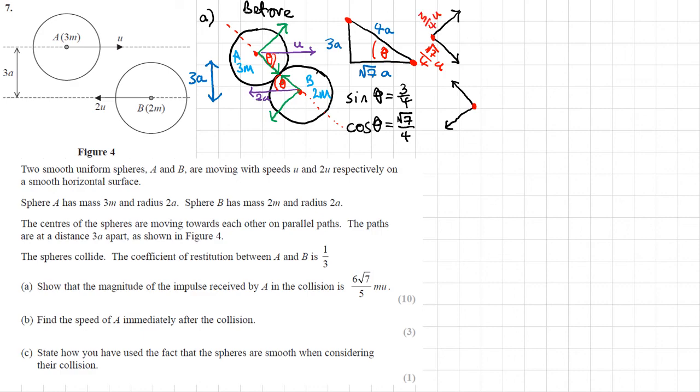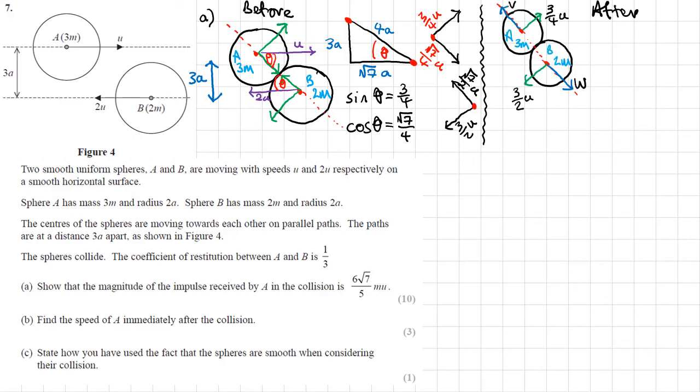We'll do the same for B. The component in line with the line of centres is 2u cos theta, so root 7 over 4 times 2 becomes root 7 over 2 u. And this green arrow is 2u sine theta, 2 times 3/4, which is 3 over 2 u.